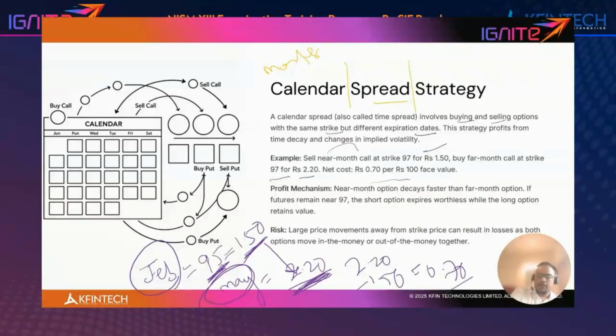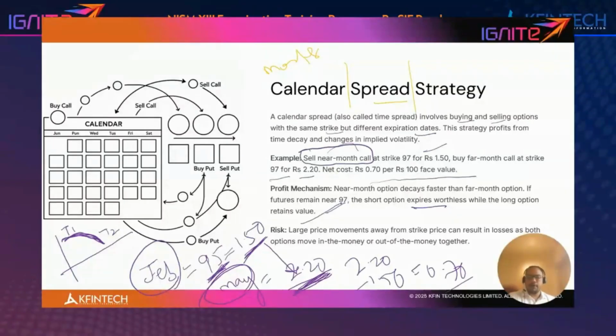Near month options decay faster than far month options. If the future remains at 97, the short expires worthless while the long retains value. Now over here we know that in options, T1 is greater than T2, which is your theta decay. So if the month is expiring, your option will lose its value quickly. That's why you are selling the near month call at 1.5.